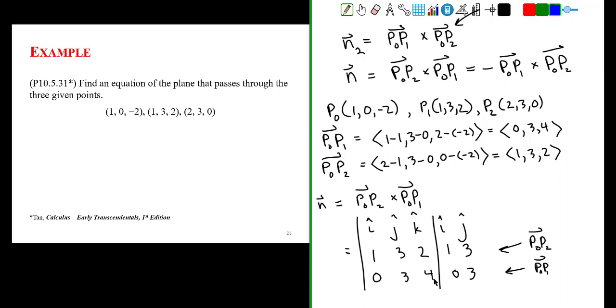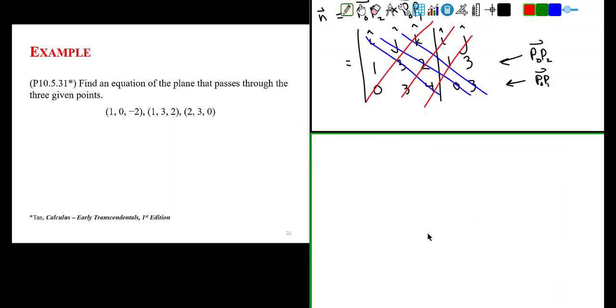In evaluating this 5x3, we'll go diagonally down and to the right and subtract things that are diagonally down and to the left. This means that for our normal vector, our x component will be the product of 3 times 4, that's the blue diagonal going through i hat, minus the product 2 times 3, that's the red diagonal going through i hat.